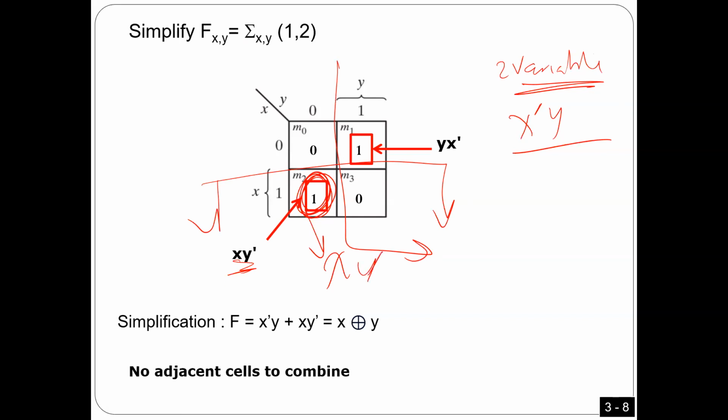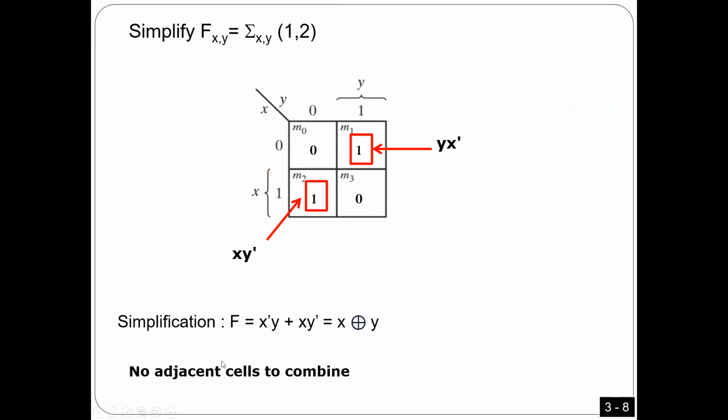Okay, guys, now I got this one. As long as I cover all the ones, I guarantee this is a correct function. But is it the most simplified or not? Very simple.